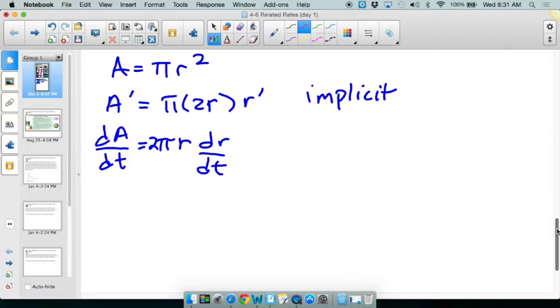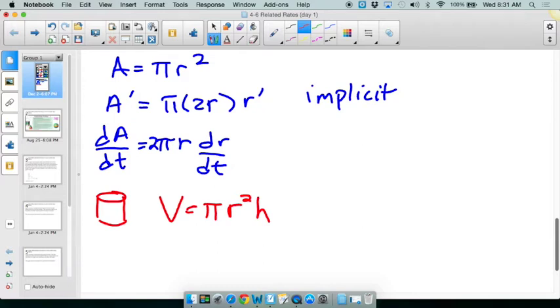Let's take a look at the volume of a cone first. Because what did we say about the volume of a cone, about the radius? It's a third of it. Well, I don't know why I said cone. The volume of a cylinder. What do we know about the radius of the cylinder?